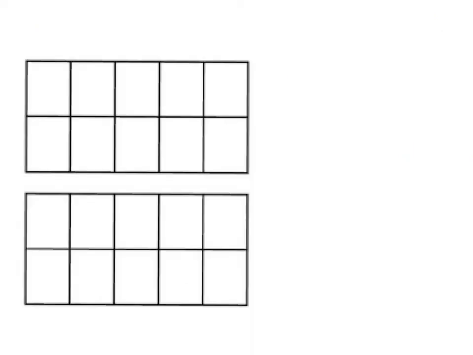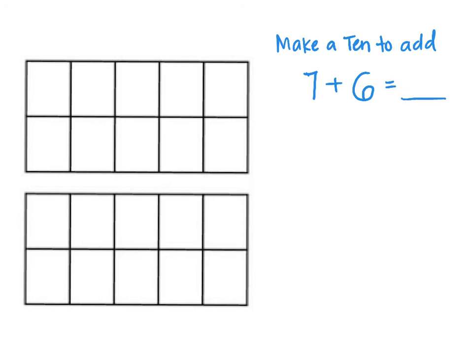So before we go to our new lesson, let's review some things we've learned so far about how to solve addition number sentences. We learned that we can make a 10 to help us add. So for example, if we have 7 plus 6, we can use this 10 frame to help us.